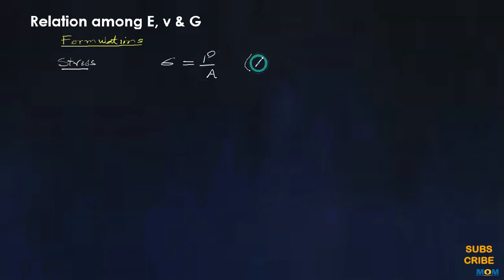This is for the case of axial or normal stress. Then tau is equal to again load upon the cross section area. This is for the case of shear stress.